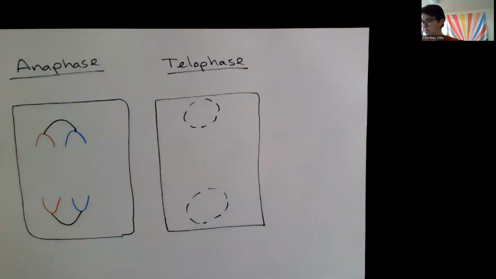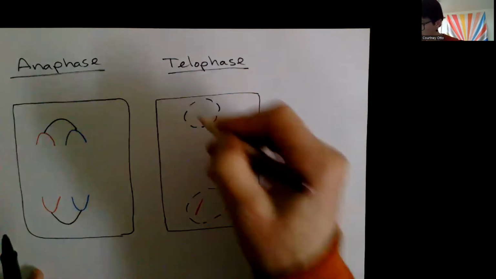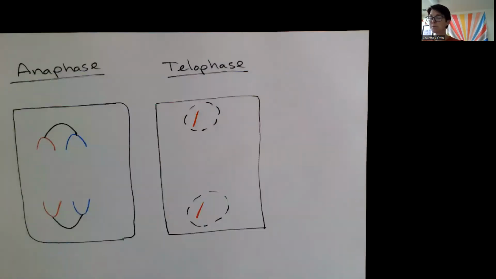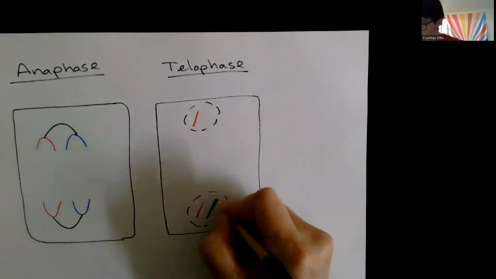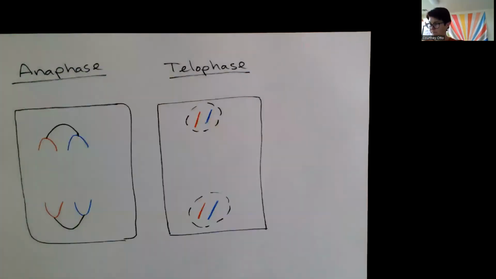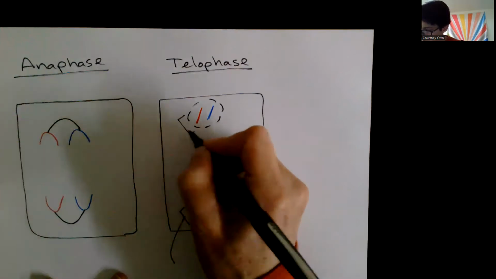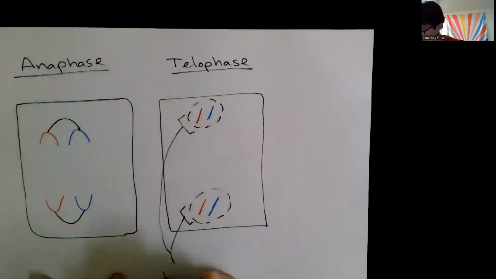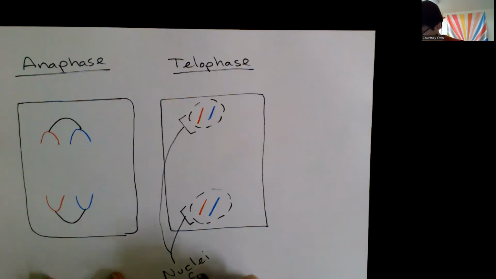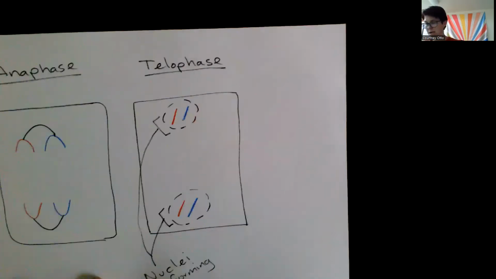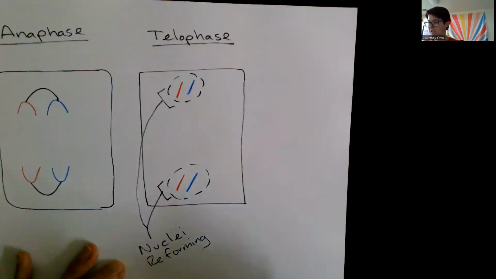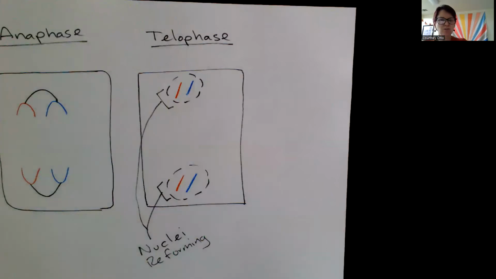And inside each one, we're going to have 1 copy of the red chromosome and 1 copy of the blue chromosome. So this is just our nuclei reforming during telophase. And at this point, we've divided up our DNA, right? It's now getting packaged into these separate yet identical nuclei at opposite ends of the cell.